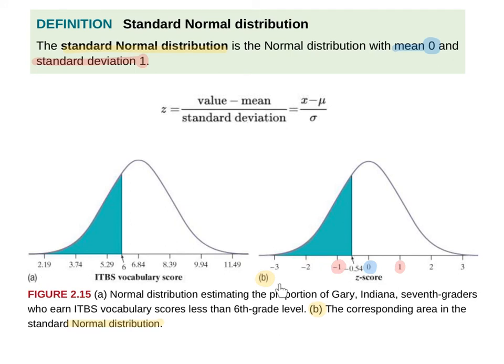So this 2.19 transforms to -3, and our 6.84 turns into 0. That is our mean. Standard deviation ends up being just 1. So that is an example of turning your normal curve into a standard normal distribution curve.